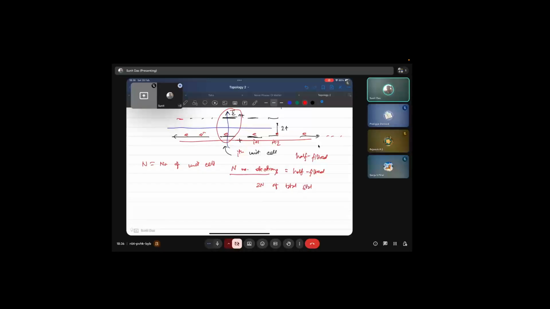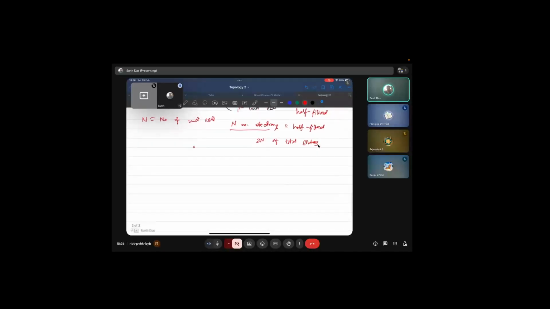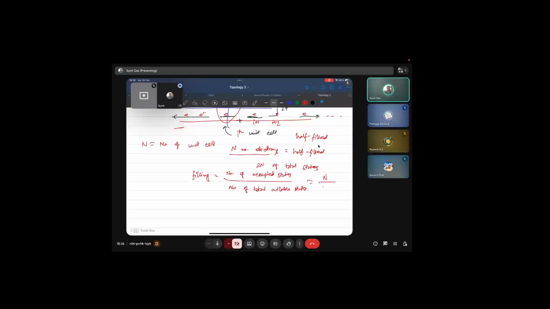So the filling is given by the number of occupied states divided by the number of total available states. We have n occupied states here, and the total number of states is 2n. So this is half. The filling factor is half. That's why we call it half filled.